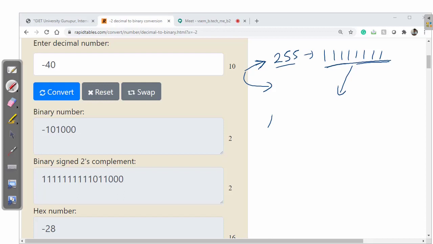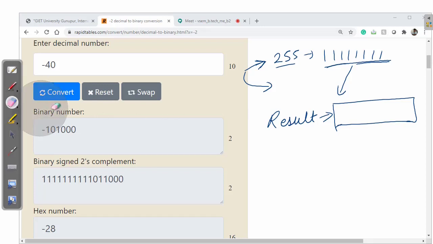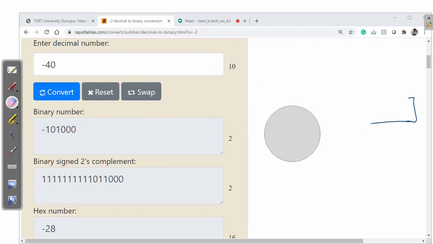The sign flag is only observing the result part. Whether a number is stored or not, it's not observing that. Once an operation is performed, whatever result is coming, it is observing that result part. It will not look at the number itself, it will only observe the result part. I hope it's clear.